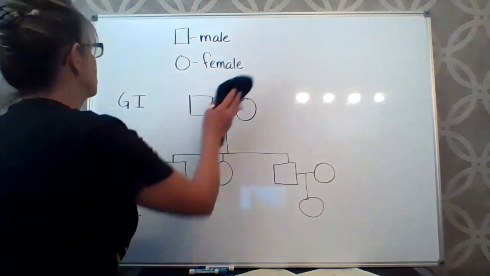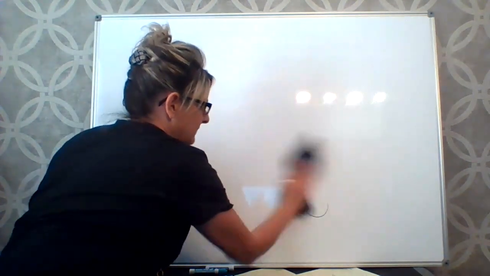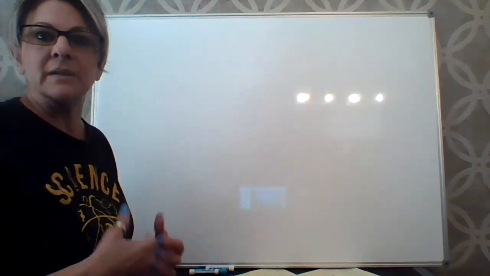So I'm now going to draw you a pedigree of my family. Now I'm going to draw a large number of generations just to give you an example of how this happens. This would be more what I would equate to being a family tree, because I'm going to include both my parents as well as my grandparents.